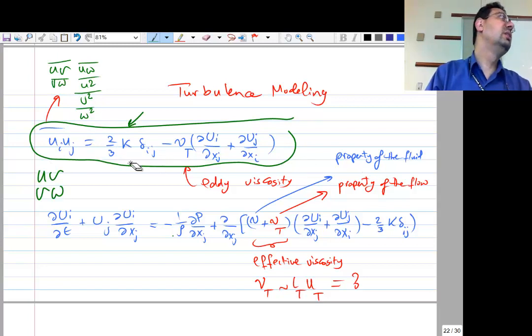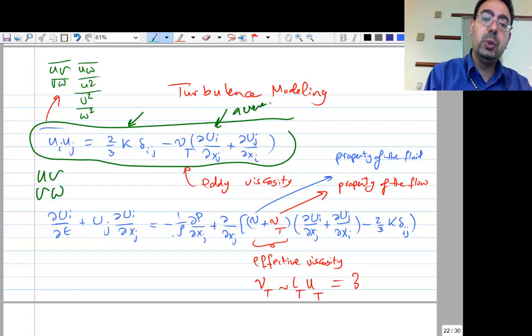Delta Ij, that's the Dirac delta function. So if I and j are not equal to each other, it's 0, and if I equals j, then it's 1. Anyway, in that model, those are the average velocities, which we know from solving the Navier-Stokes equation. And this is basically the K that we solved.